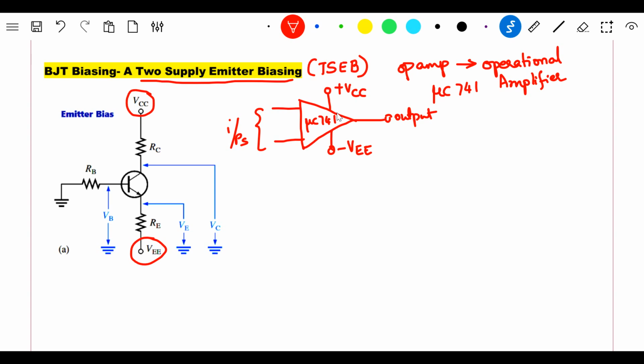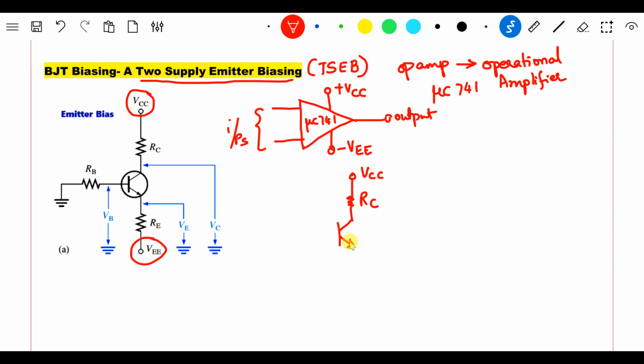This two supply emitter biasing circuit, I am going to write in a different way now. I am elaborating the supply VEE here. Let me take VCC here, which is connected to RC. I am just writing the loop diagram so that while writing the equations you will not get confused.